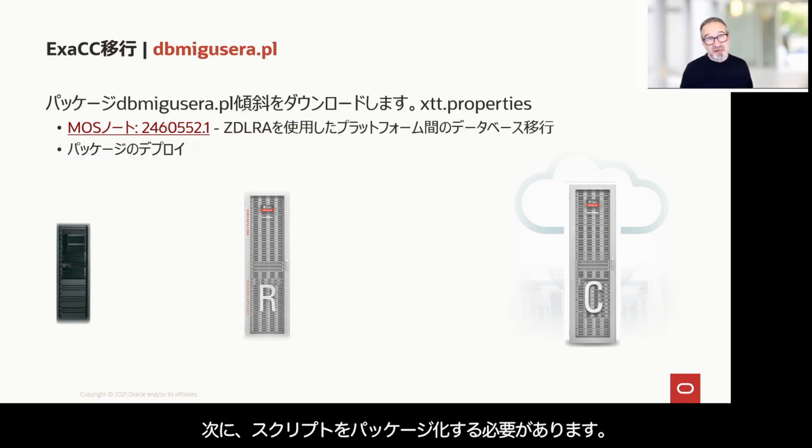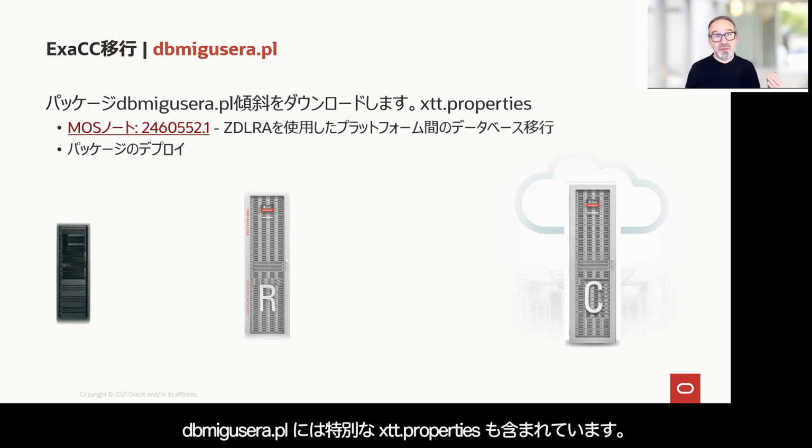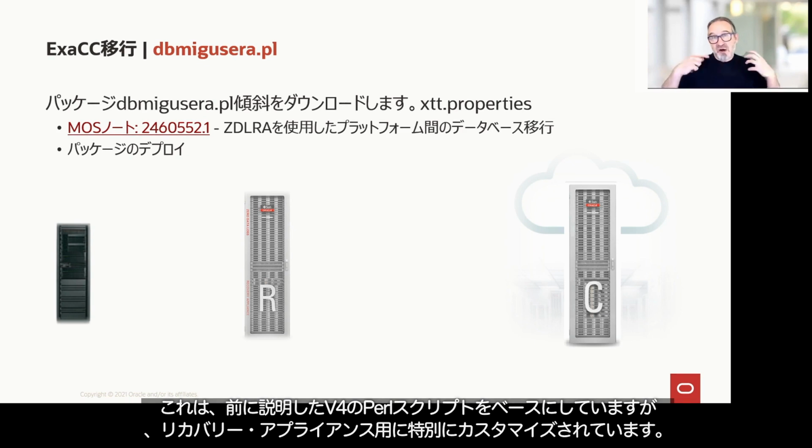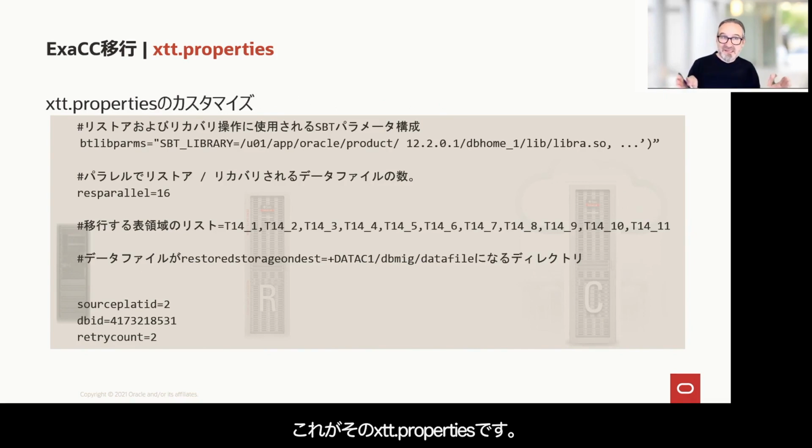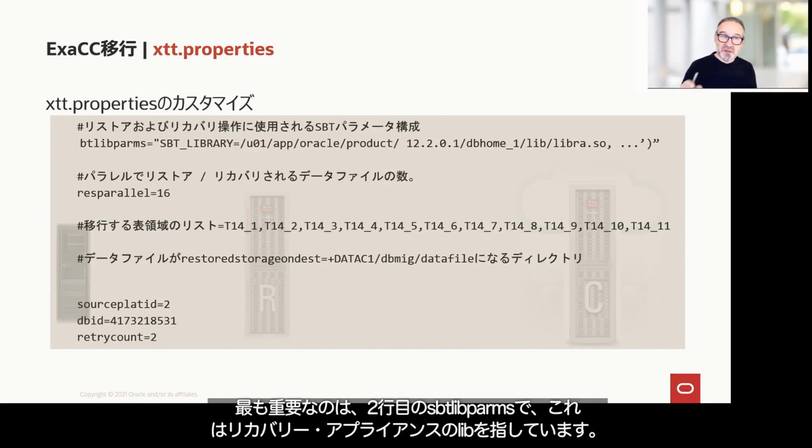Then we need a package with the scripts, so DB MIG use RA Perl, including also a special XTTS properties file. So this is founded on the basis of the V4 Perl scripts we have talked about before, but it's customized especially for the recovery appliance. And this is that XTTS properties file here. The most important thing is the second line here, SBT lib parms, because this points to the lib recovery appliance.